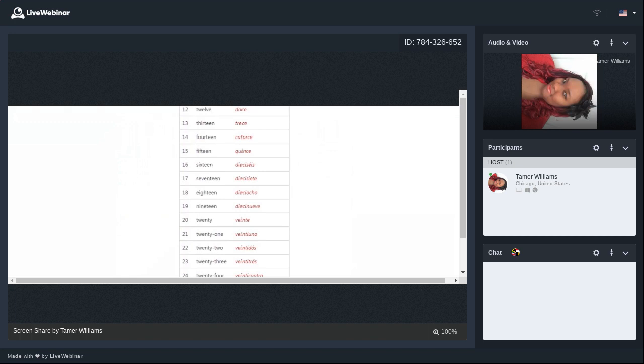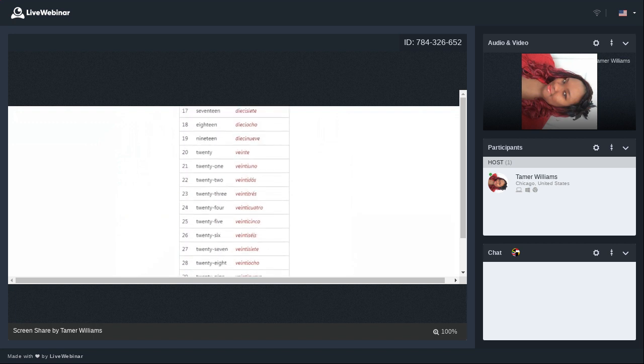And then as you climb up the numbers, you'll notice when you do 20, you'll see 21 through 29 follow that same pattern where it's saying 20 plus 1, 20 plus 2, 20 plus 3. As you notice, so 20 is veinte.